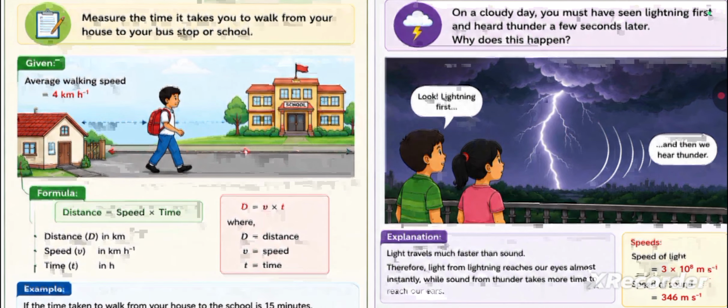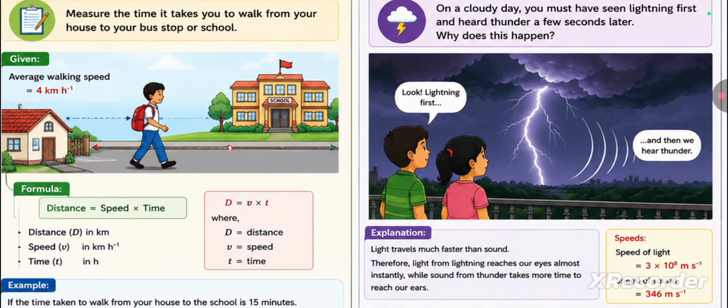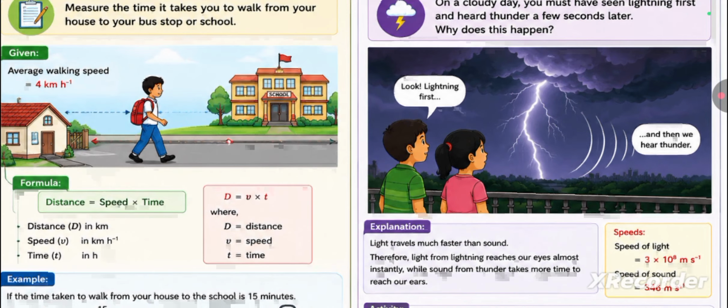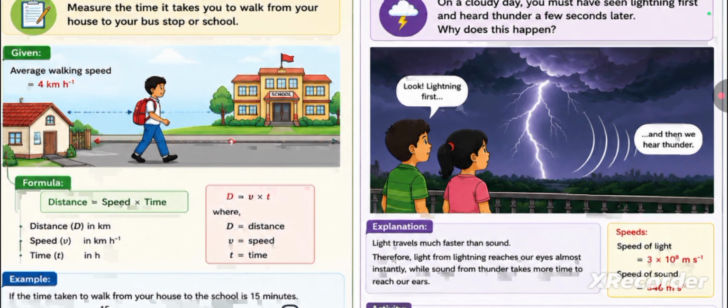His average walking speed is 4 kilometer per hour. Now we have to find the distance. The distance formula is distance is equal to speed into time. Here d indicates distance, that is d is equal to v into t. Distance is in kilometers, speed is in kilometer per hour, and time is in hours.